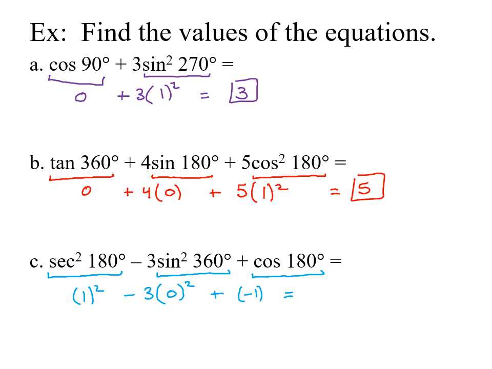So technically secant 180 is actually negative 1 squared, but it still comes out to be 1. So I get 1 minus 0 minus 1, which is 0. Now, if you're really good at typing stuff in the calculator, you could type in the entire thing all at once. You just have to be careful with the squares and things. So hopefully that makes sense.